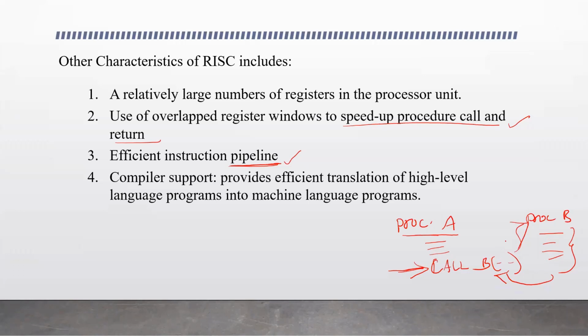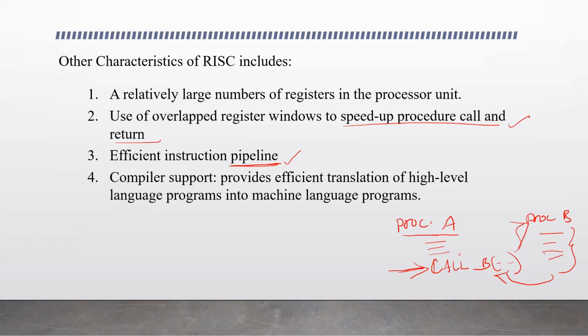The control has to branch to the procedure, passing the parameters, execute the instructions in the procedure, then restore the return address and the other local values that procedure A needs, and branch back to the called location. So these are all the operations that are involved.